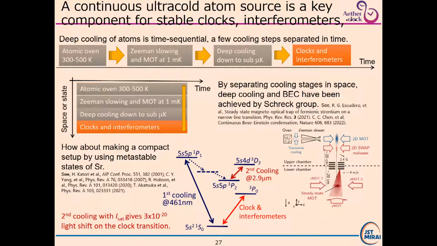The good point for this is that this cooling laser is very far detuned from strontium transitions, and this gives a 10 to the minus 20 level redshift for the clock. So this cooling is compatible with the clock.